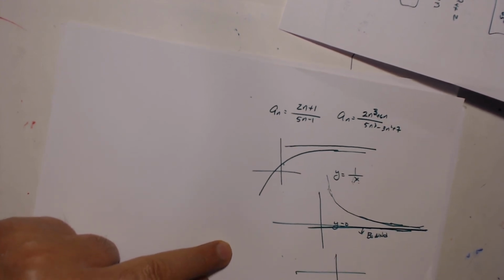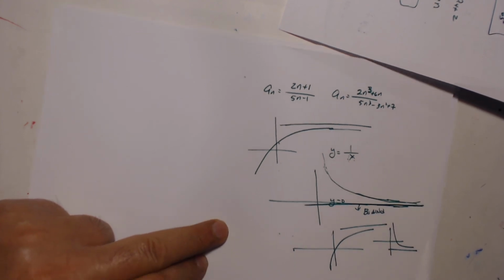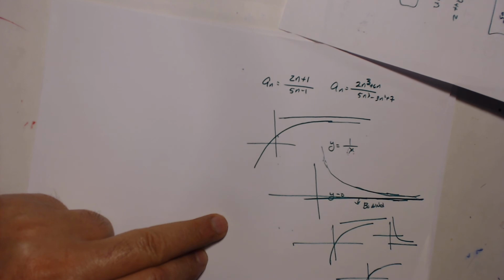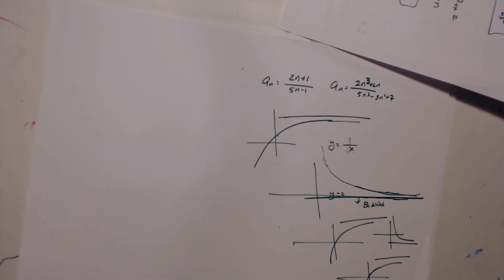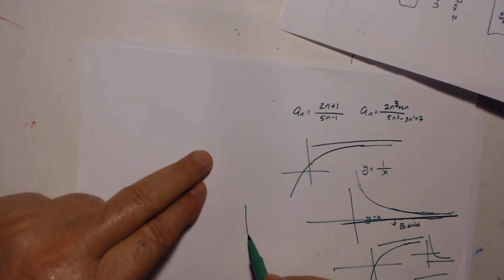Bound sometimes is on the top. Bound sometimes is on the bottom. Bound sometimes is on the top and the bottom. Okay. What happens if the bound is on the top? Please pay attention.